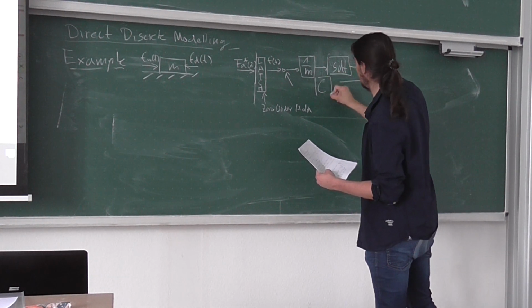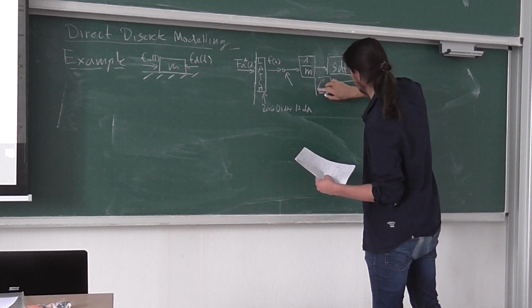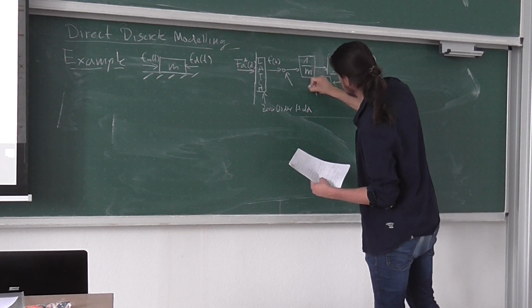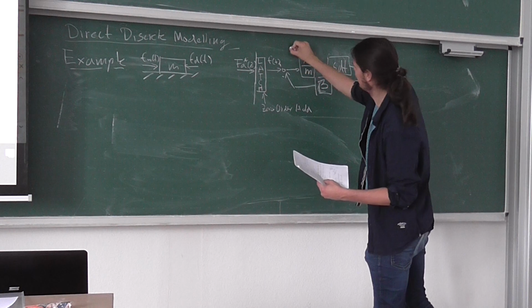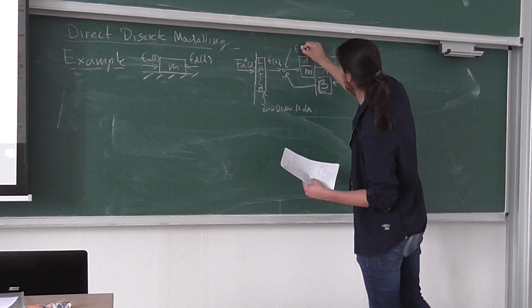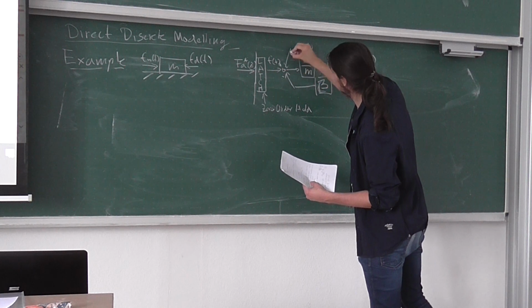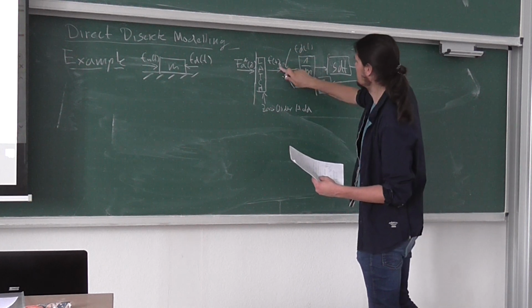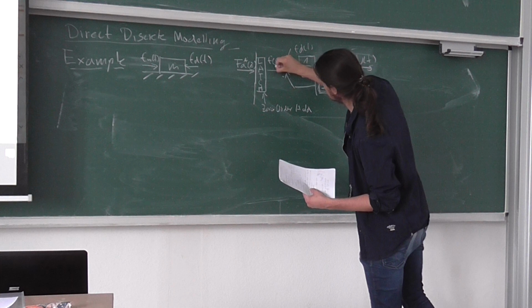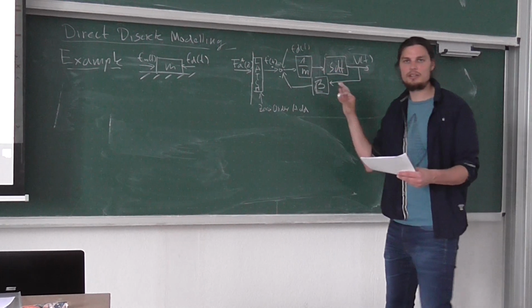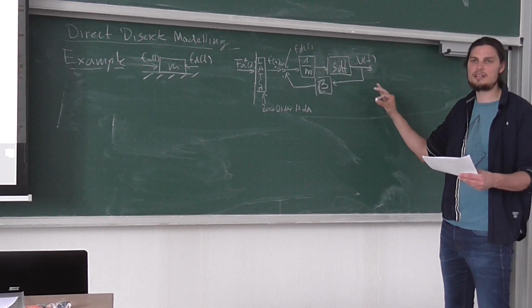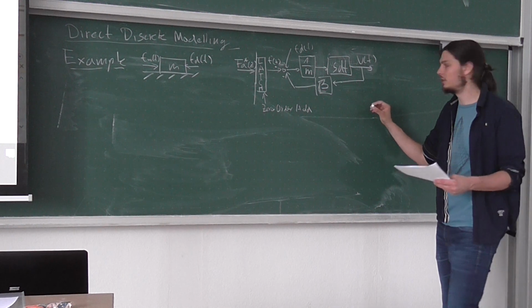And this would be our, oh, we use B, right? Sorry. This is the friction, right? And here we have our disturbance. This is clear, right? So up until here, this was the exact same differential equation that we had before.